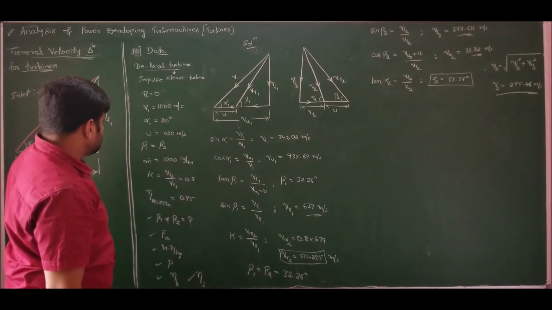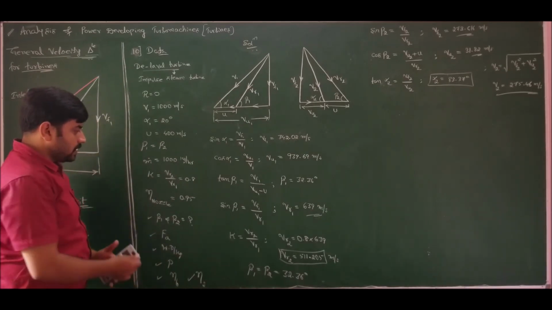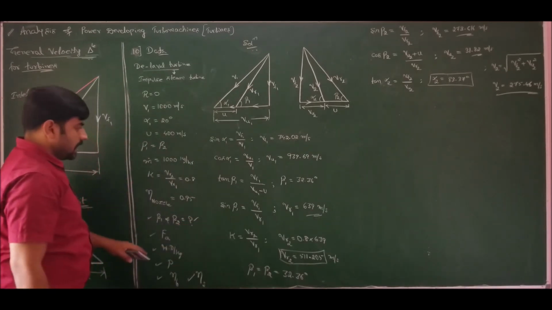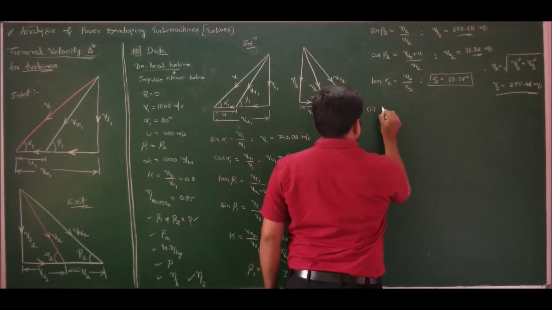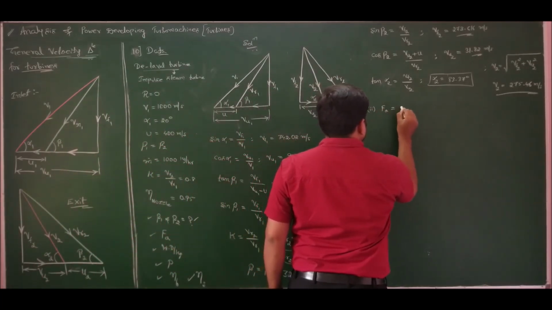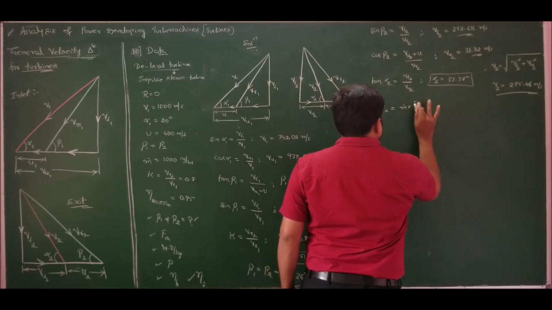Since it is equiangular, beta 1 is equal to beta 2, which is equal to 32.36 degrees. Done. Second one is axial thrust. Axial thrust is m dot into VF1 minus VF2.